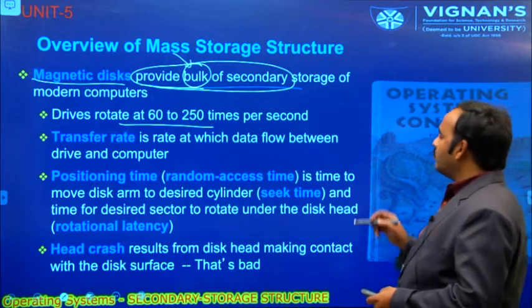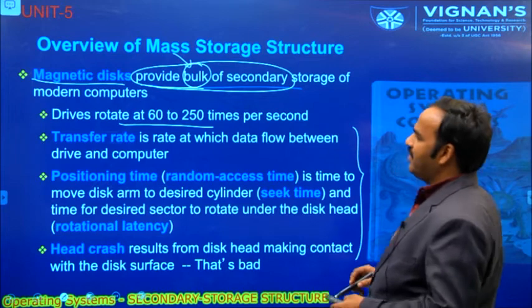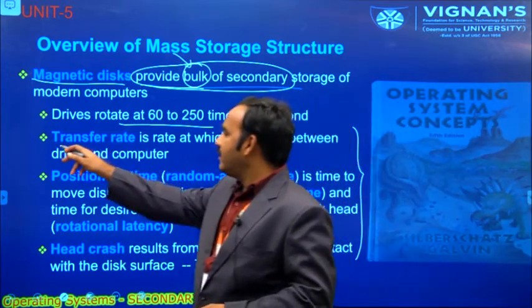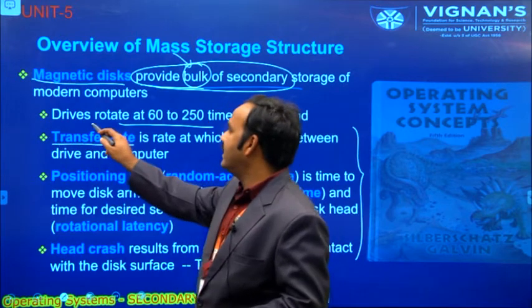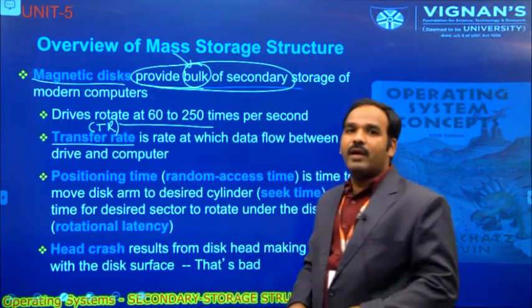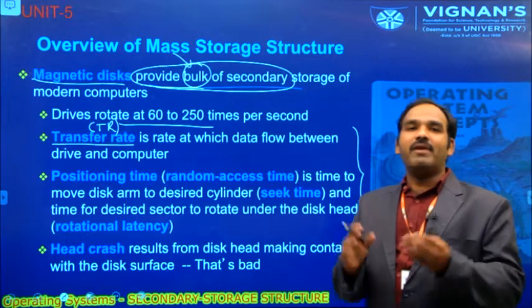And next, we have explained some performance parameters. What are the performance parameters here? Transfer rate, sometimes called TR. Transfer rate is the rate at which data flows between the drive and a computer.